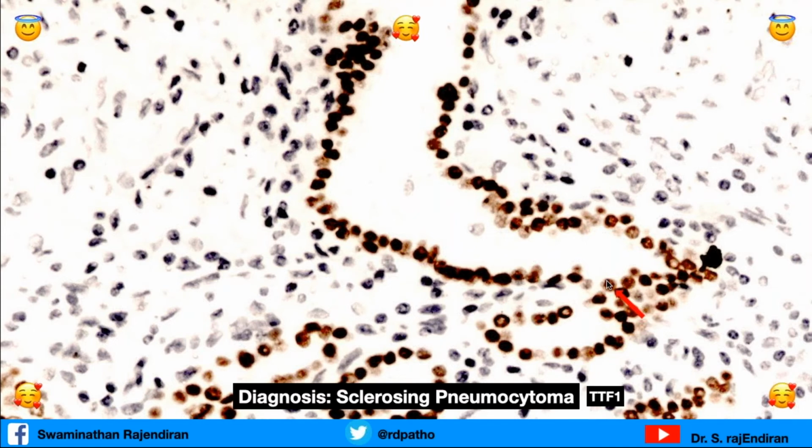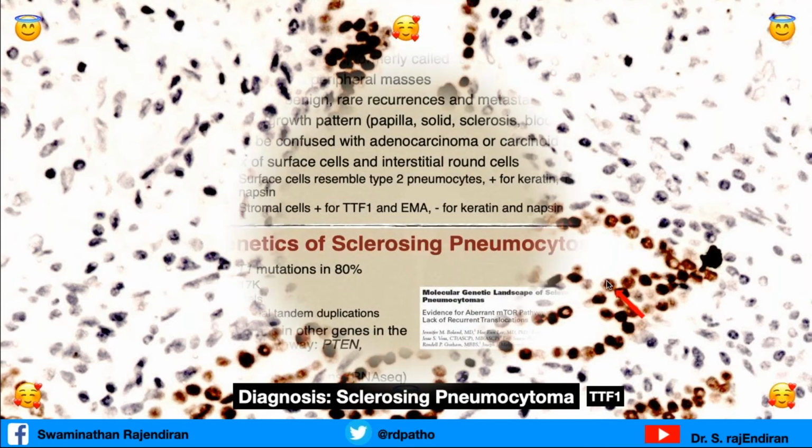Previously, people misinterpreted these as blood vessels. That's why they called this sclerosing hemangioma. But as these cells are positive for TTF, they are arising from pneumocytes, so they are known as pneumocytoma. And because of the dense sclerosis and inflammation, these are known as sclerosing pneumocytoma.